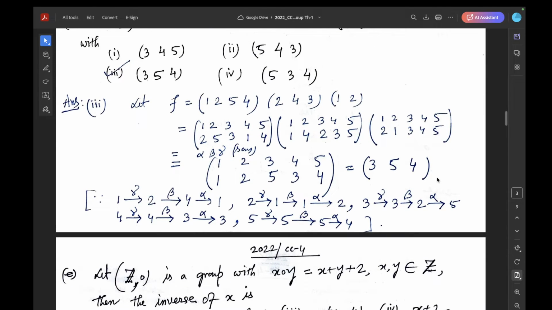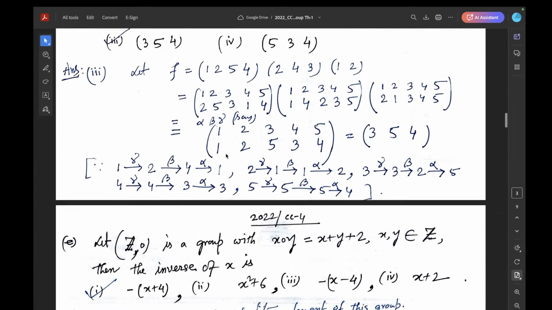Now say this permutation alpha, this permutation beta, this permutation gamma. Starting from the right end, 1 image 2, 2 image 4, and 4 image 1, so 1 image 1. So we can write: under gamma 1 to 2, under beta 2 to 4, and under alpha 4 to 1.